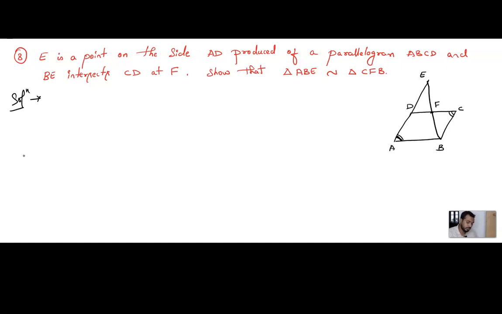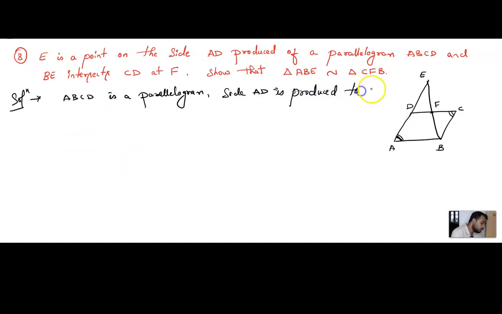Children, so first let me write what are the things we have done. ABCD is a parallelogram, right? And then what we did, side AD is produced, side AD is produced to what, children?